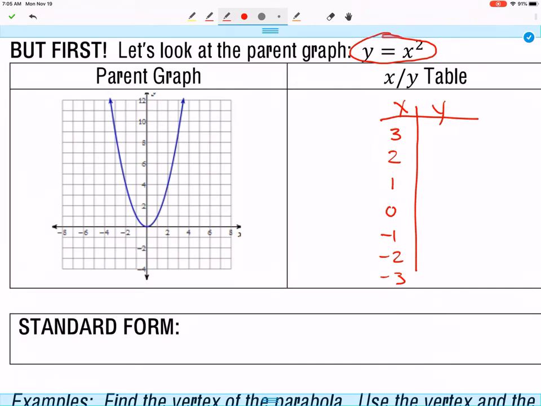So if we go at 3, that would give us 9. Or you could also plug this into the equation. 3 squared is 9, and 2 squared is 4, 1 squared is 1, 0 squared is 0, negative 1 squared is 1, negative 2 squared is 4, and negative 3 squared is 9.